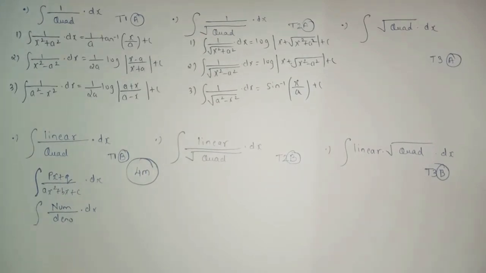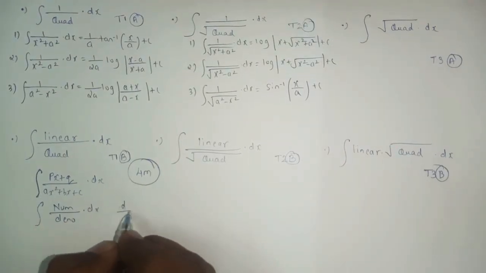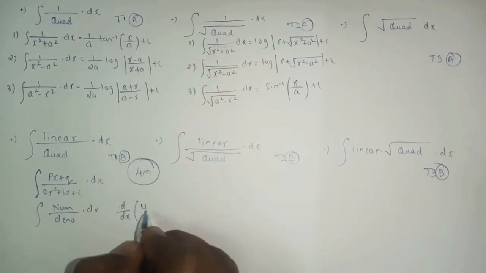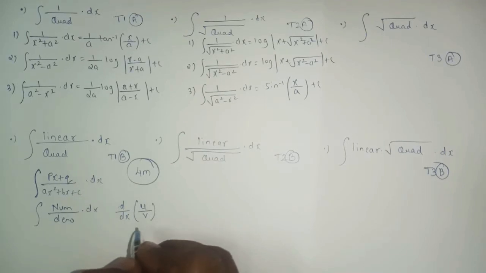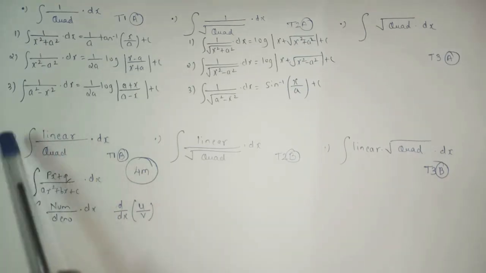Now there is a proper way to find the answer. In derivatives we have the formula, the property, to find u by v. I hope you all might be knowing what the u by v rule is, but here in integration we don't have a proper integral for u by v.